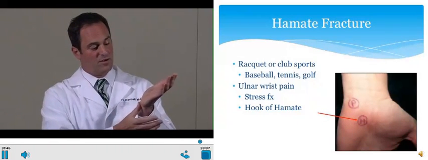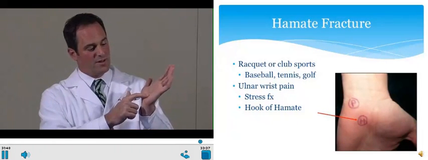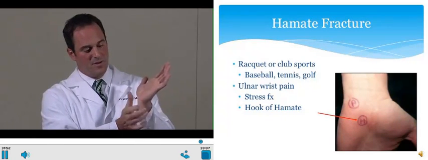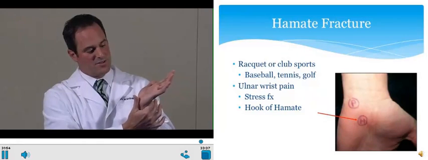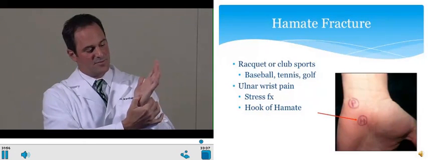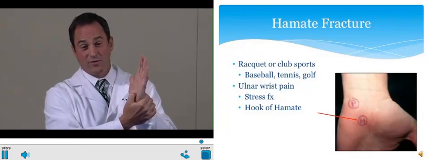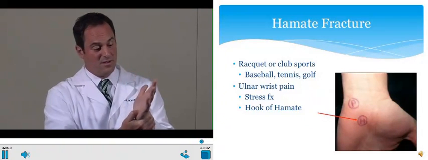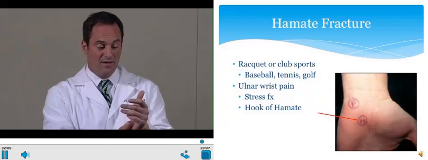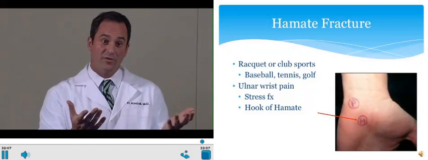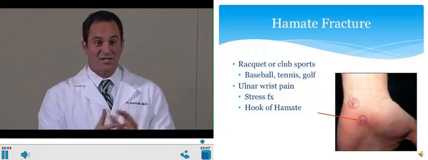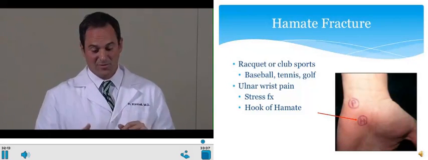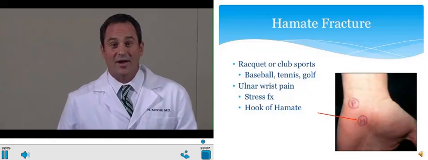A good way to locate the hook of the hamate is to put your opposite thumb's IP joint right onto the pisiform, and then flex the tip of your thumb down, and you'll feel the hook of the hamate right there. So for an athlete who's had some ulnar wrist pain going on for a few months, and x-rays seem to be normal, you try a little clinical exam like this, and you may be able to pick up that they have a stress fracture of their hamate.